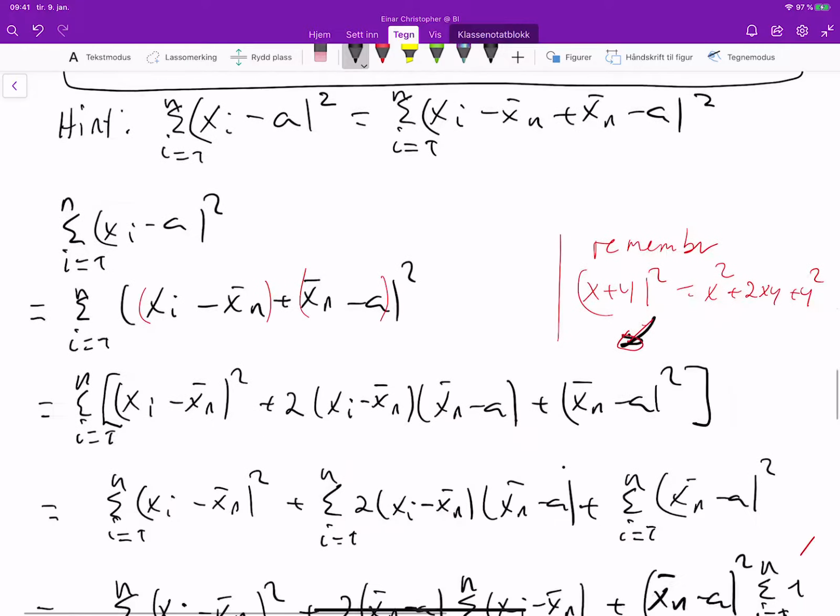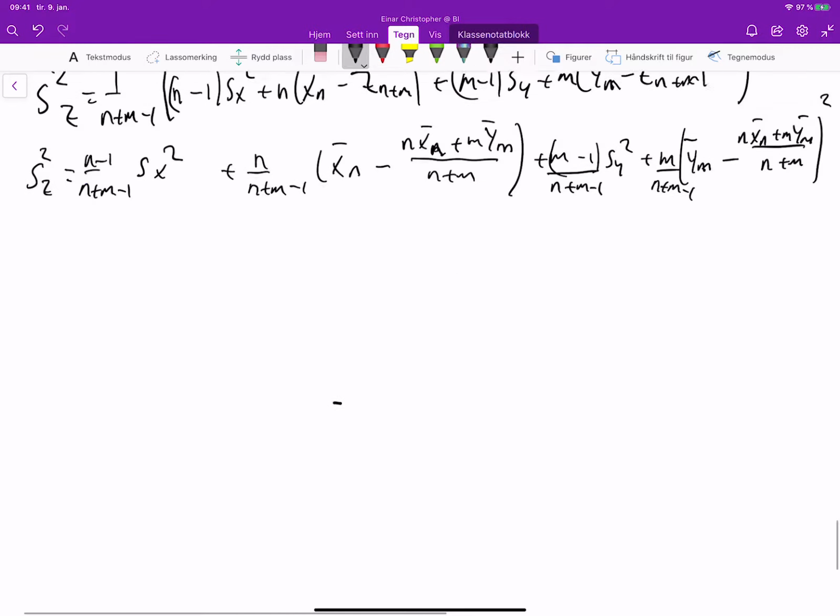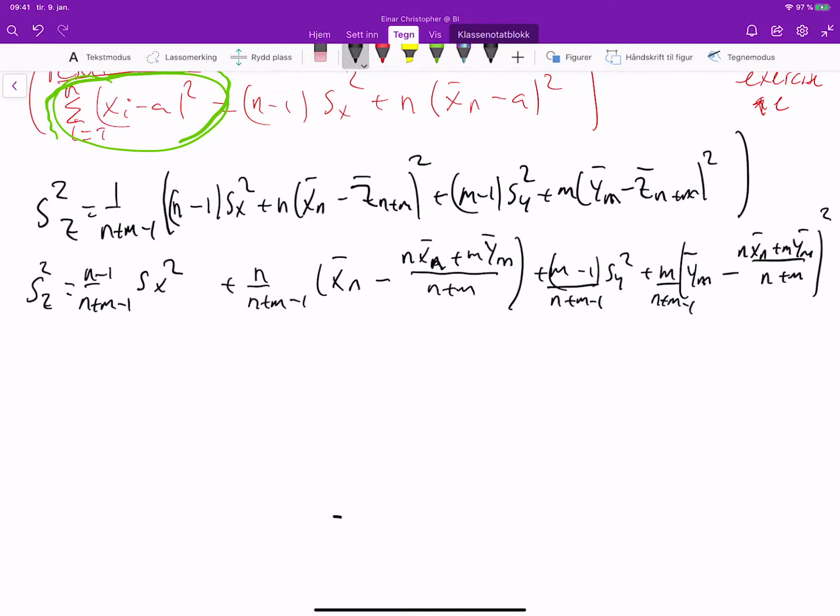So going down here, we see we just have replaced this here. And then we multiply this one inside here too, and we get m minus 1 over n plus m minus 1 sy in the power of 2, and m over n plus m minus 1 times ym bar minus, and again replacing set n plus m bar with n xn bar plus m ym bar divided on n plus m.